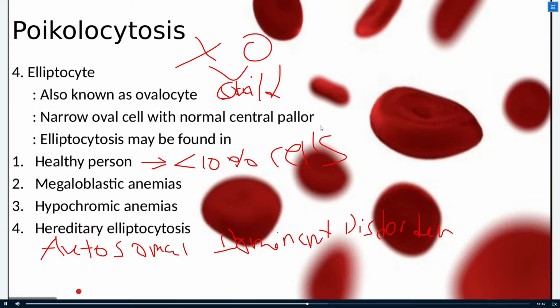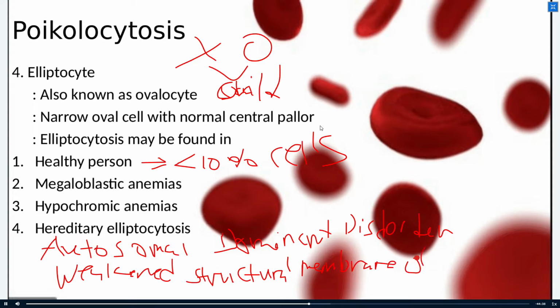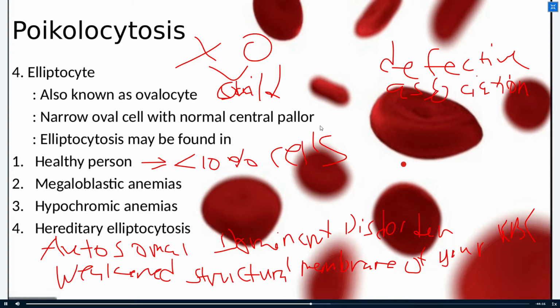The reason for this class is there is a weakened structural membrane of your RBC, caused by defective association of... What composes your RBC membrane?